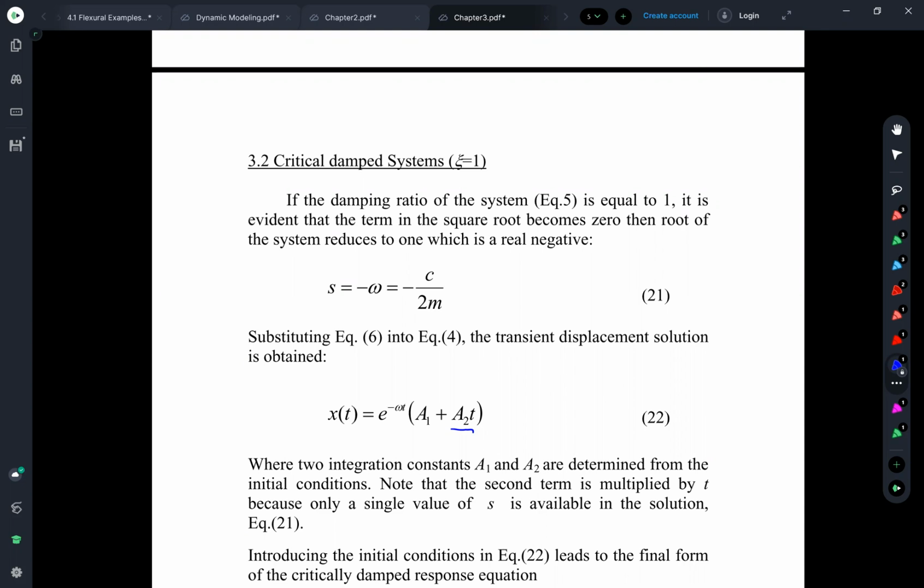Therefore, the normal form of the solution x(t) can be represented as in equation number 22. You see, now you have A1 and A2 as two arbitrary constants, and it's okay for this.